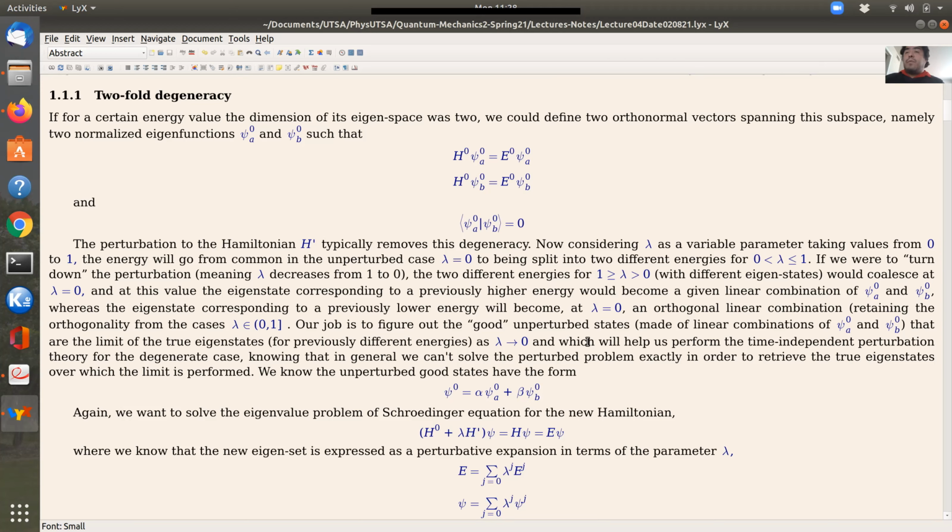So what we have to do is to find the good unperturbed states, which are linear combinations of phi 0a and phi 0b, that are the limit of the true eigenstates for previously different energies as lambda approaches 0. That will help us perform the time-independent perturbation theory for the degenerate case. This, in principle, cannot be done exactly.